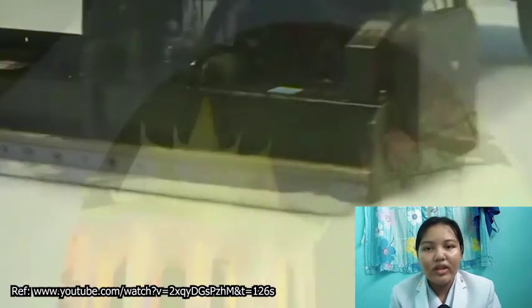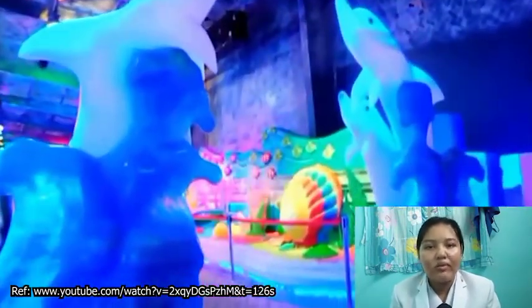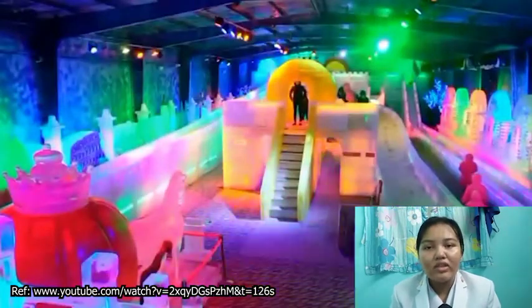If we know which three-dimensional geometry affects the slow melting of the ice, it will have a positive effect on entrepreneurs. Therefore, the researchers were interested in studying the three-dimensional geometry of the ice that affects the melting of ice.